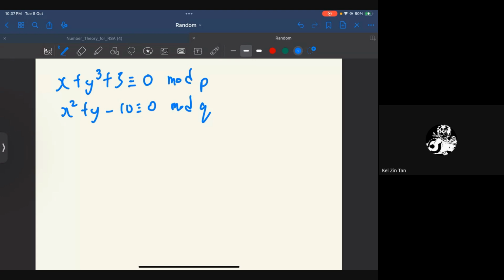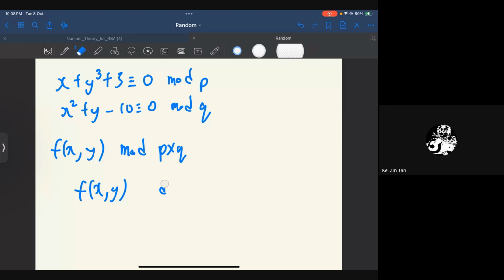So now the question is, I want to find f(x, y) such that this thing modulo p times q fulfills both of the equations. Basically, if I take f(x, y) and do the remainder operation with p, this should give me x plus y cubed plus 3.